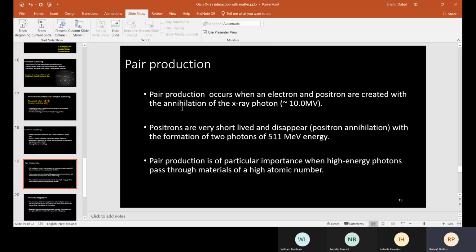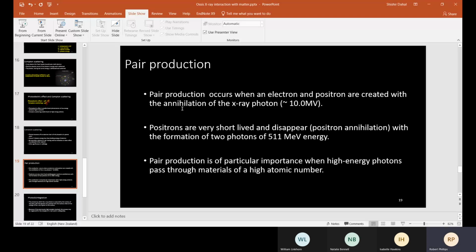So it will produce an electron, and at the same time it will produce so-called antimatter, which is called a positron. The electron and positron have the same mass, everything is the same, only the charge is different. When the X-ray disappears, which is called annihilation, it produces matter, the electron, and antimatter, the positron.